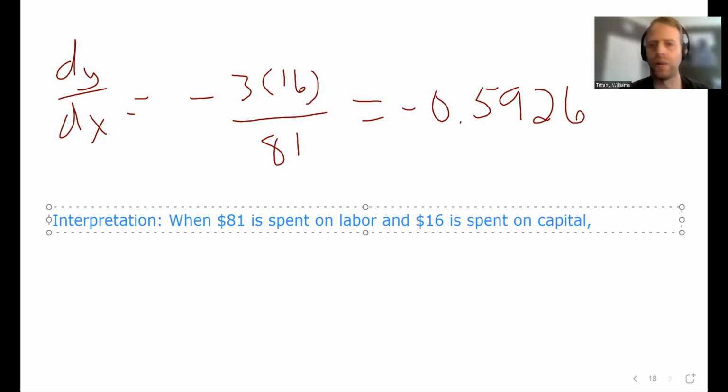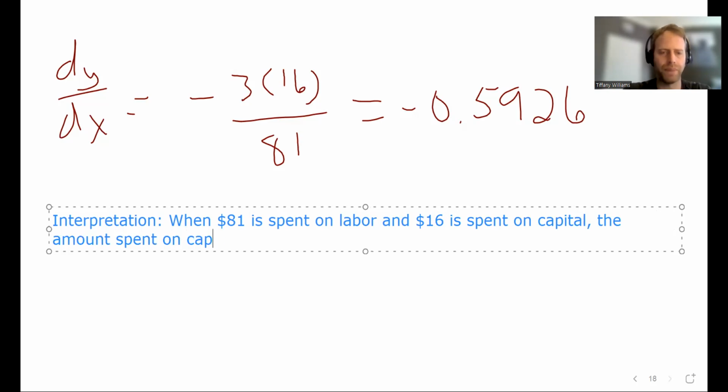Now remember, this is a rate of change, it's a slope. So how does y change for every 1 unit change in x? Remember, y represents the amount spent on capital. So the amount spent on capital decreases, because we have a negative, right? It decreases by about 59 cents, but I'll put the full decimal in there.